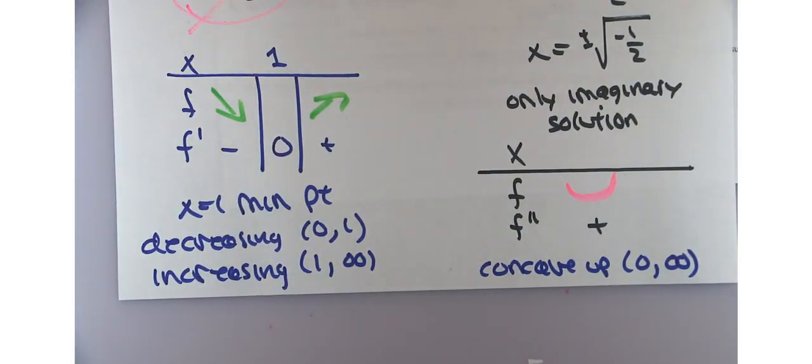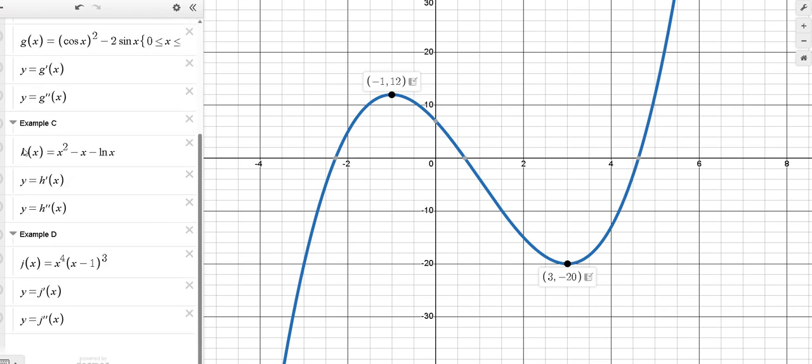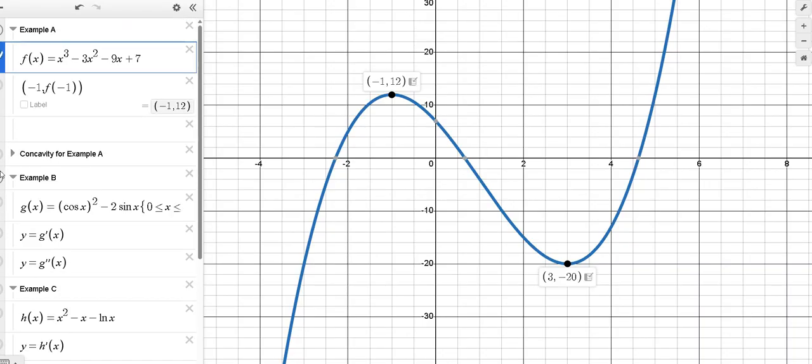So we have a really good idea of what this graph looks like, even though we haven't graphed it at all. We know a lot of information about this graph. Let's just see, for the sake of seeing it, how this graph actually matches up to our expectations. Let me shut, where is this one? Oh, there.